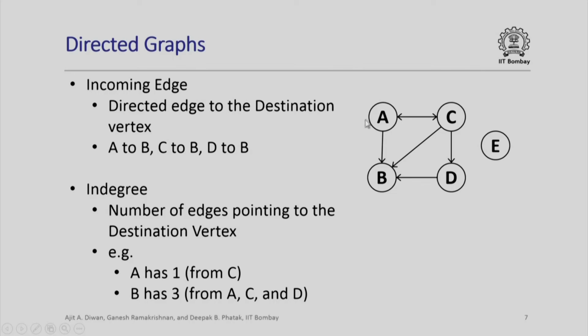For example, if you consider A as a destination vertex, it has only one edge coming to it, from C. So, its in degree is 1. B, on the other hand, has an in degree of 3 because there are edges coming to it from A, C and D. E again has 0 in degree because it has no edge coming into it.